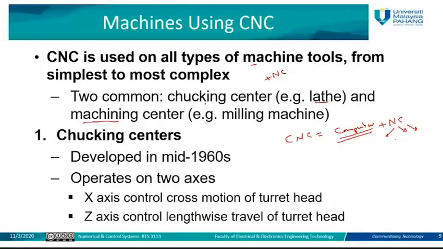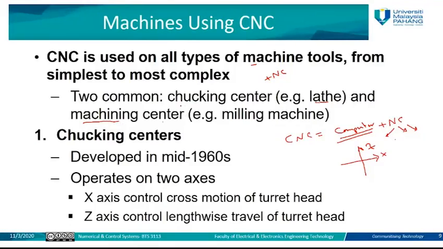The turning center is more related to two-axis machines, which depend only on X and Z. Some machines will use 3 axes, 2.5 axes, 4 axes, or 5 axes, and those with more than 2 axes fall under the machining center.